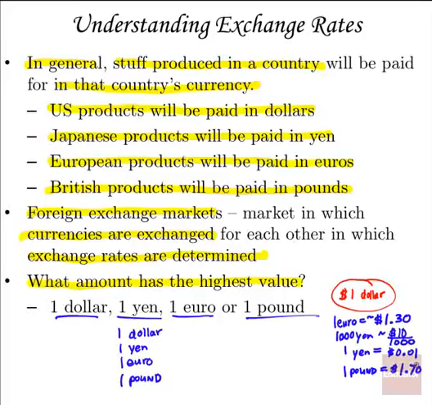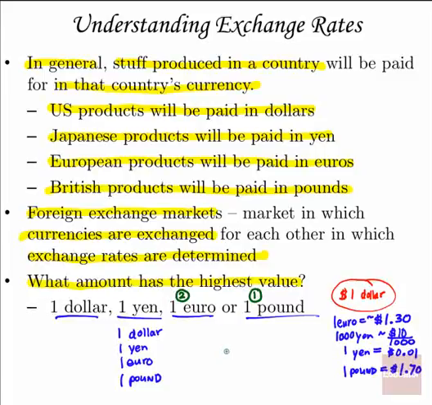So if you want to rank these in order, the most valuable item is going to be the 1 pound. 1 pound is going to give you the most buying power. And then it's going to be the euro, which wasn't always the case. The dollar actually used to be stronger than the euro, but times have changed a little bit.